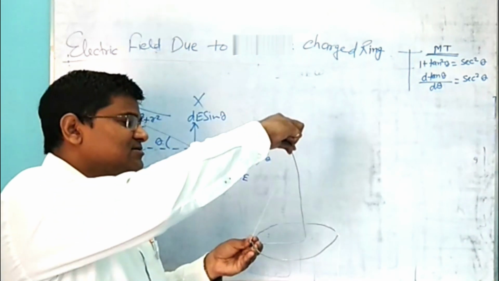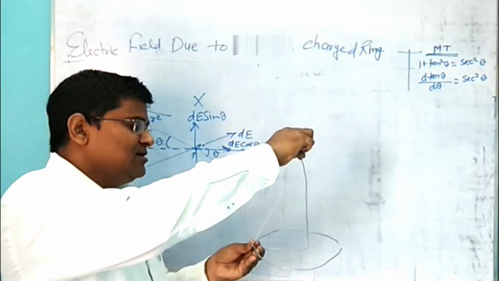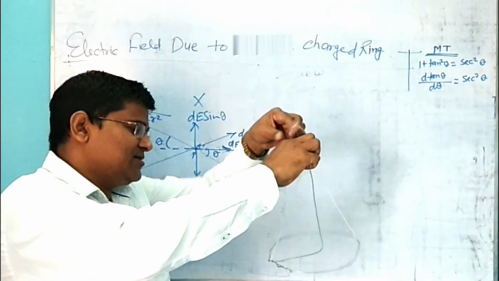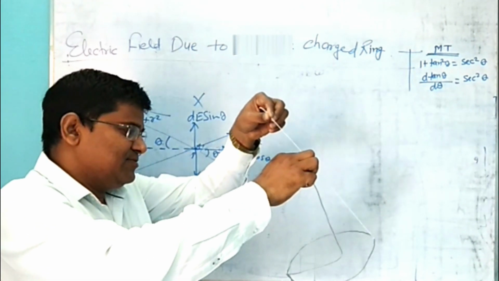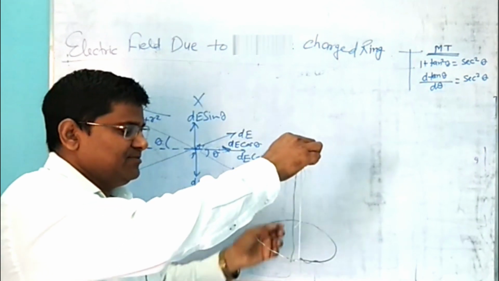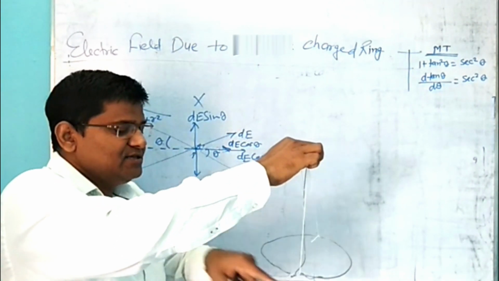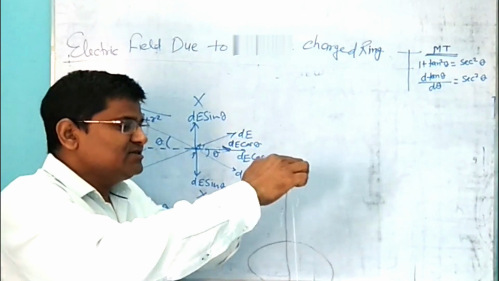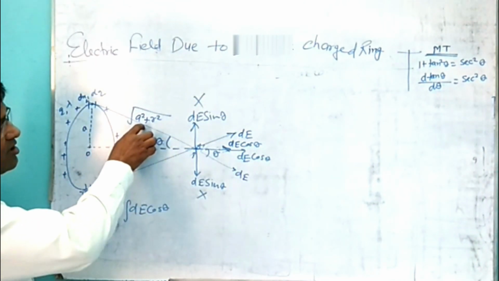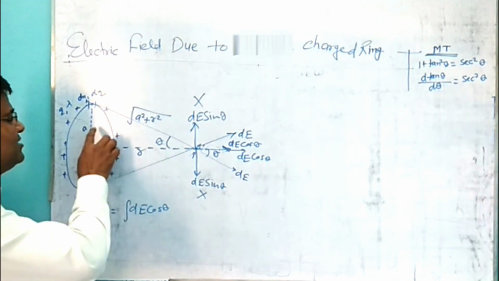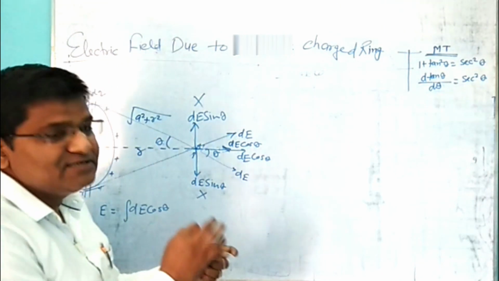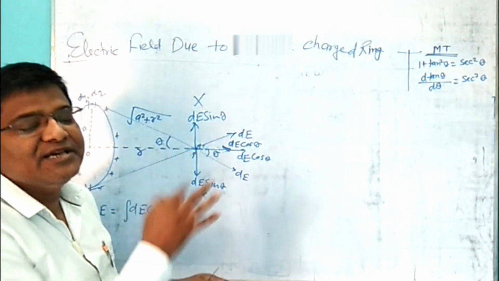Then this distance and this distance are both the same. This distance is also the same. Then this is not a variable. That is a very good thing in this derivation, and that's why this is very easy.